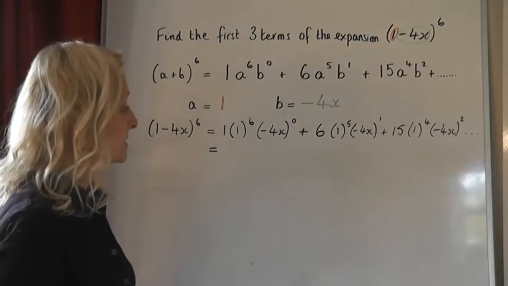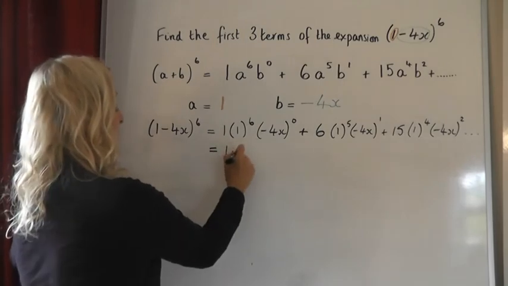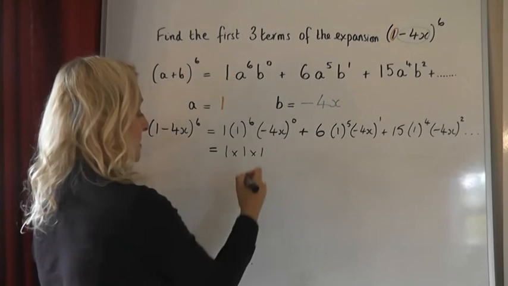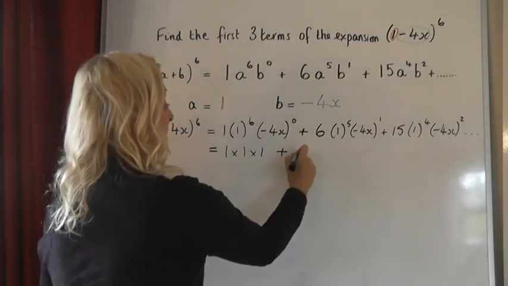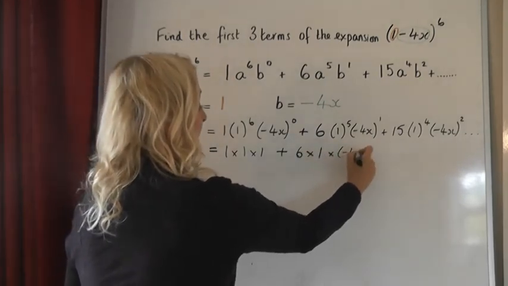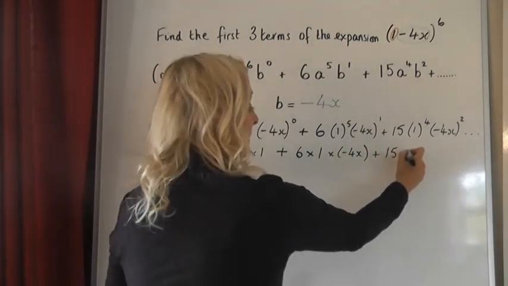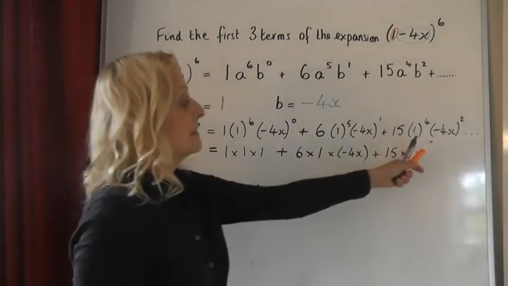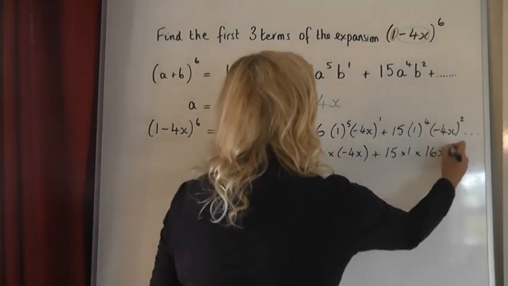My next step is to tidy up each of the 3 elements of each term. So that's 1 multiplied by 1 multiplied by, that's 1, anything to the power 0 is 1, plus, and then my second term, 6 multiplied by 1 multiplied by minus 4x, and then my third term, 15 multiplied by 1 multiplied by, now this is where I need to be a little bit careful, negative 4x all squared is 16x squared.